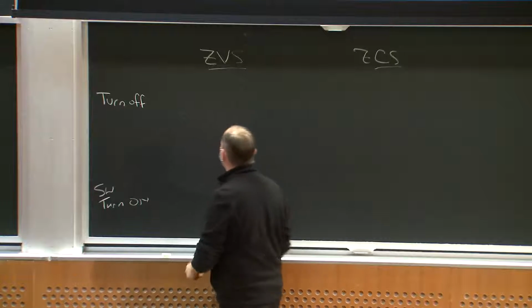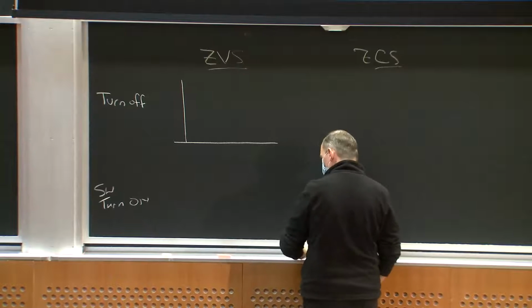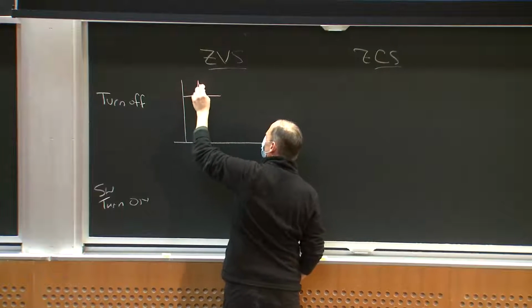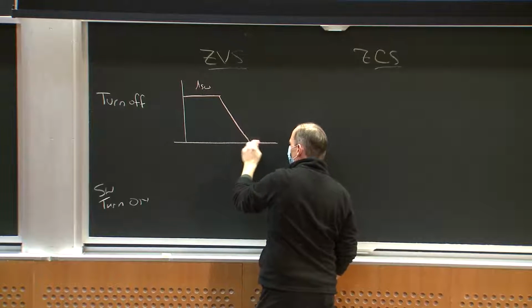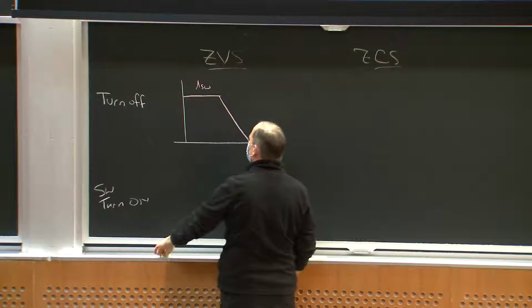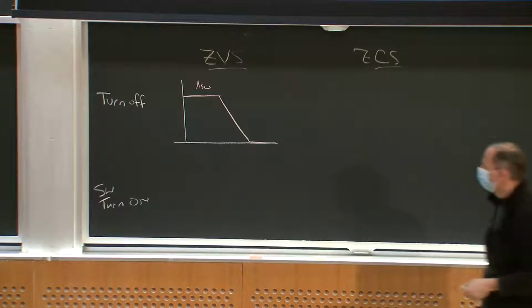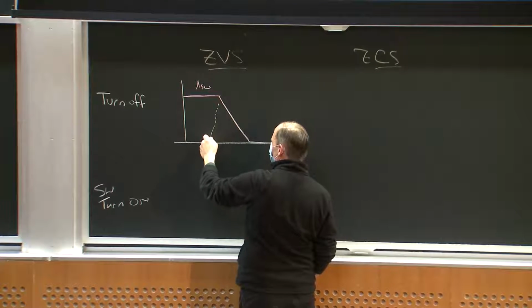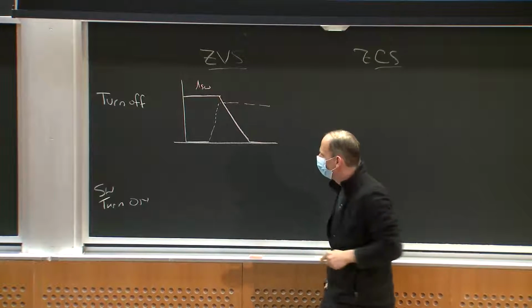In a turn-off transition, the switch current, I switch, is going from its maximum value down to 0 in some finite time. In a hard switch converter, like a straight-up buck converter, the voltage on the switch would rise, and then the current on the switch would fall.